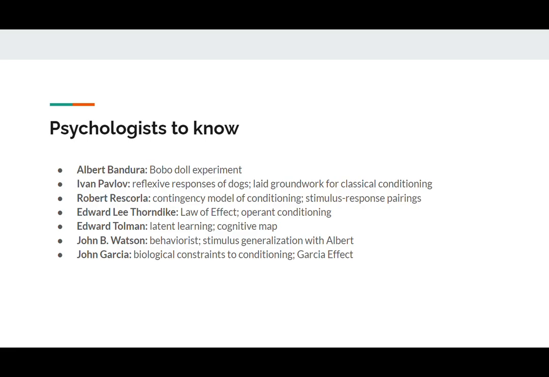Our second to last is Edward Tolman. He was known for latent learning. His work with rat mazes revealed that rats were learning how to go through the maze even though it was not immediately apparent. When rats went through numerous trials without reward for finishing the maze, they did not demonstrate any improvement in time.